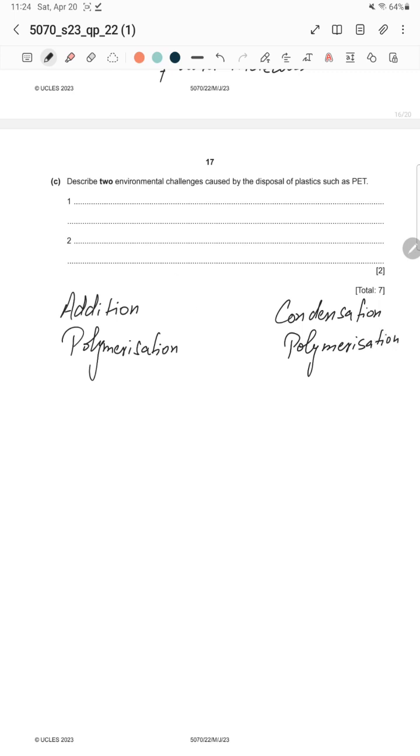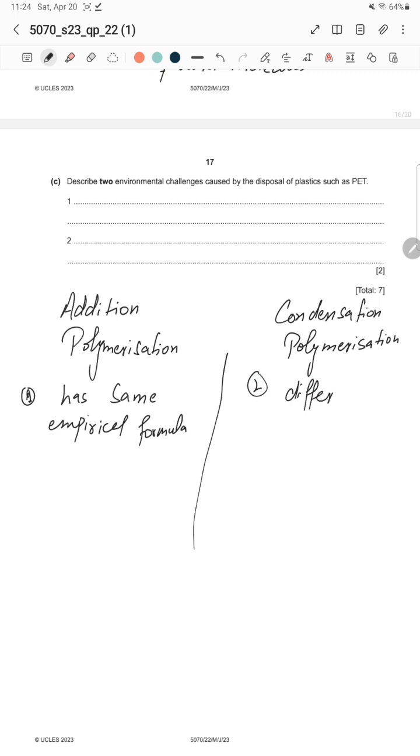First difference I have mentioned above, that is the water molecule. Second is addition polymers have the same empirical formula, and condensation polymers have different empirical formulas.